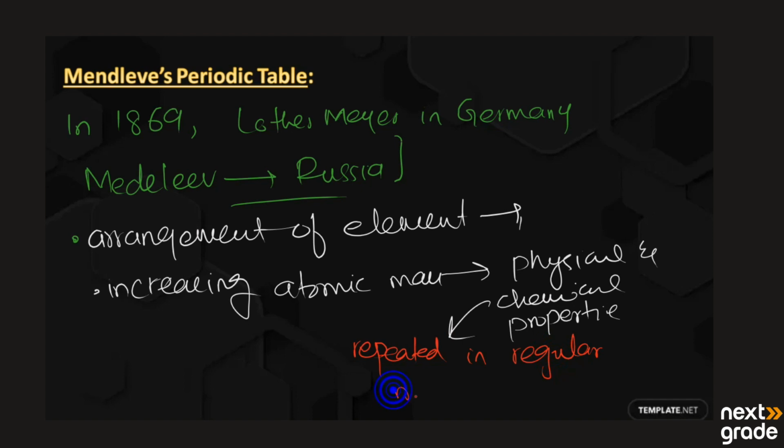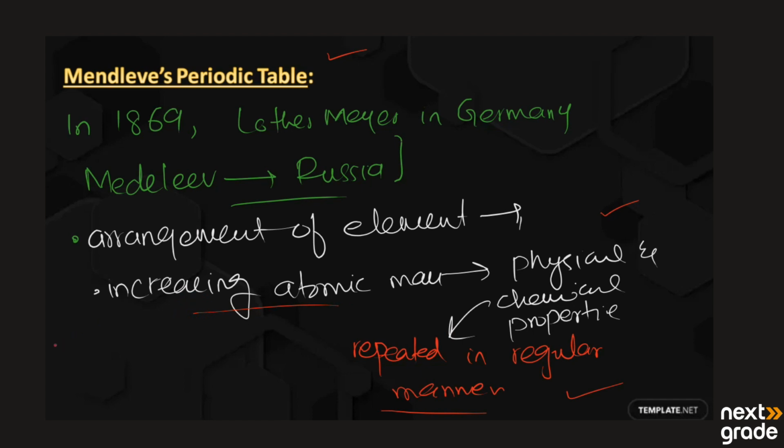He named this the periodic law, or the periodicity of properties. So this was the work of Mendeleev's periodic table: they arranged the elements by increasing atomic mass, and they formed a table of elements.